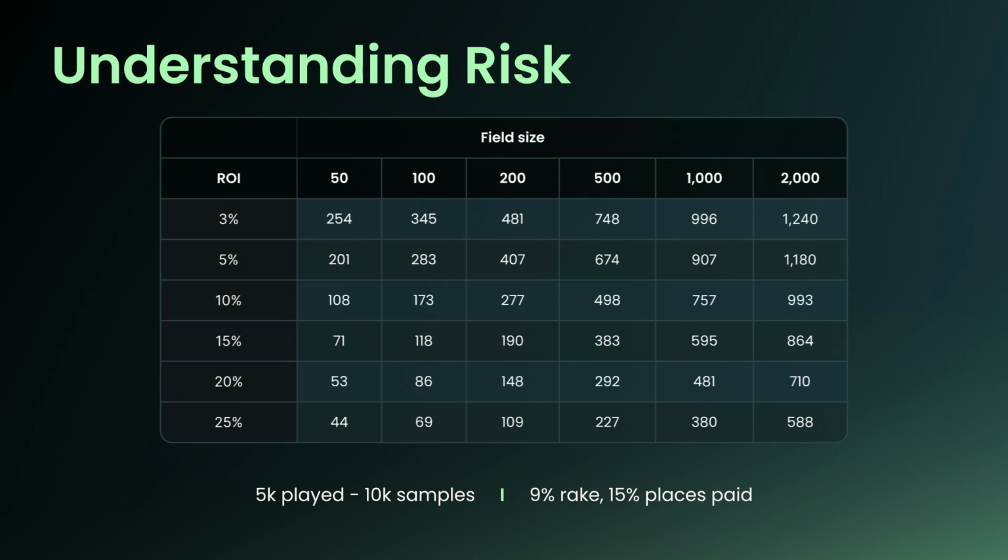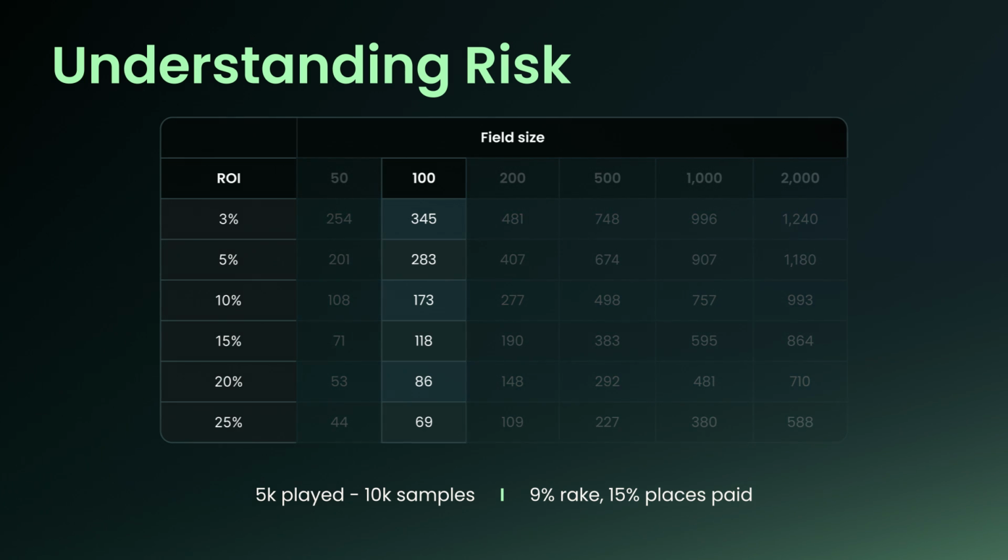At the same time, if your edge over the field is bigger, your ROI is bigger, your bankroll doesn't need to be so big. And if we look at this table, for example, take the column with 100 runners, we can see that at a very low ROI tournament, we would need 345 buy-ins with 3% ROI, for example.